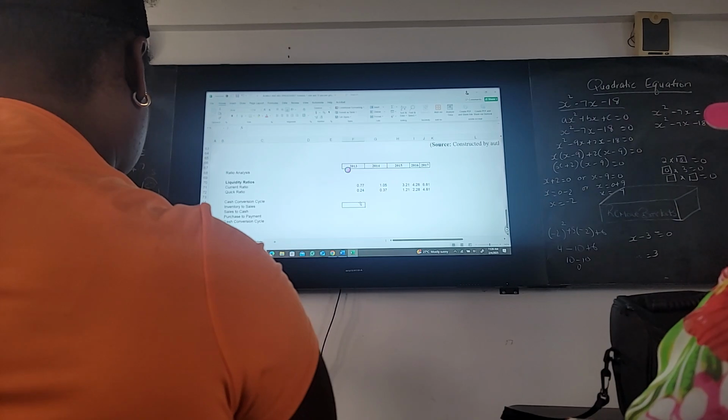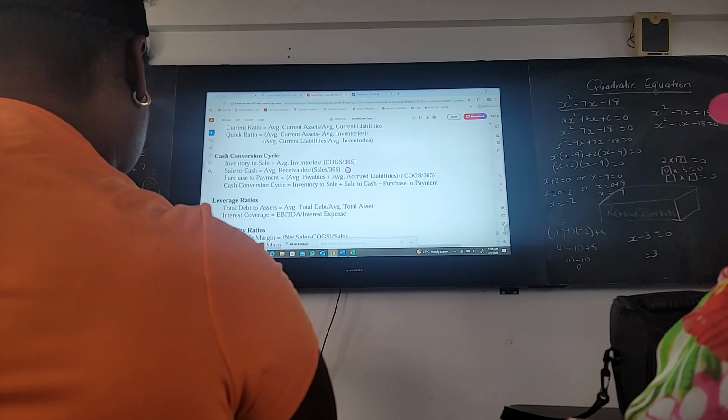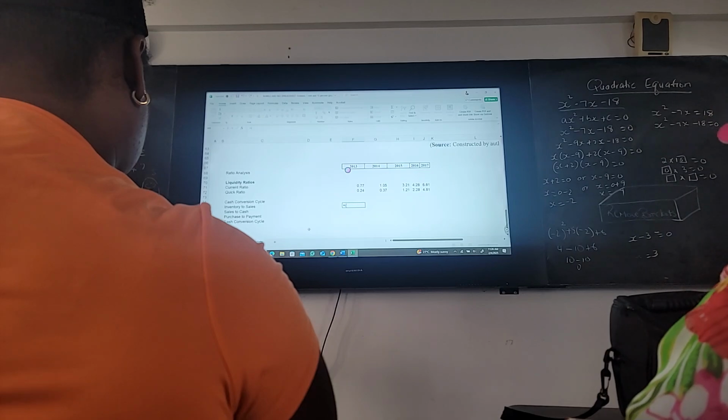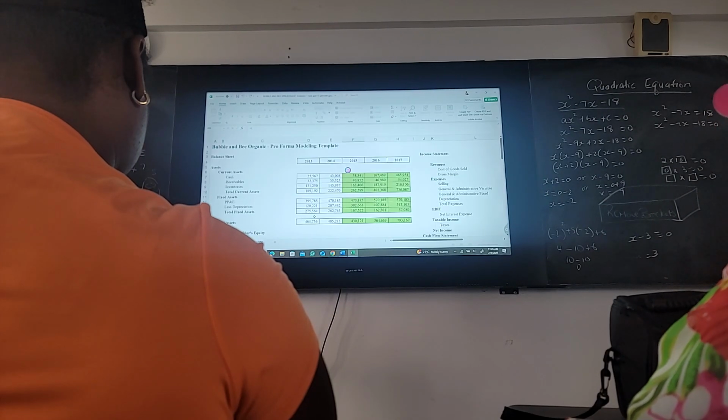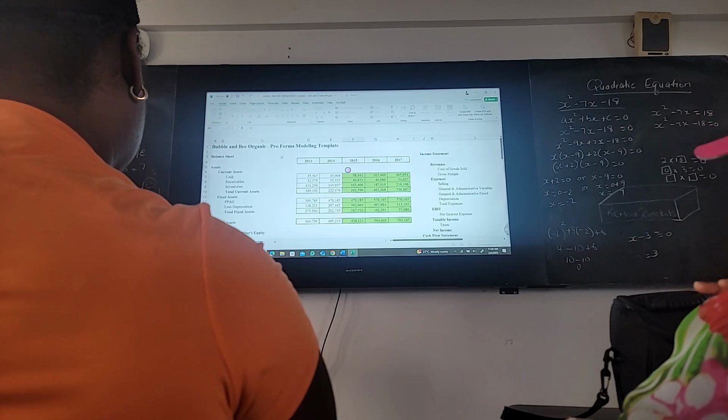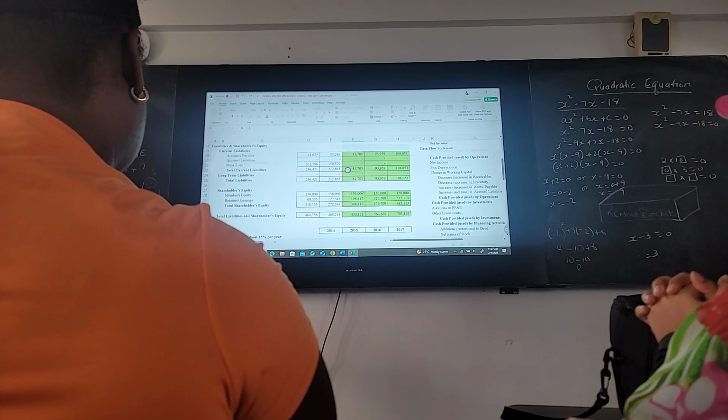So what's the formula for inventory to sales, anybody? Remember that first. Inventory divided by cost of goods sold, over 365. We can probably only do that from 2014, because we don't have an income statement for 2013, right?